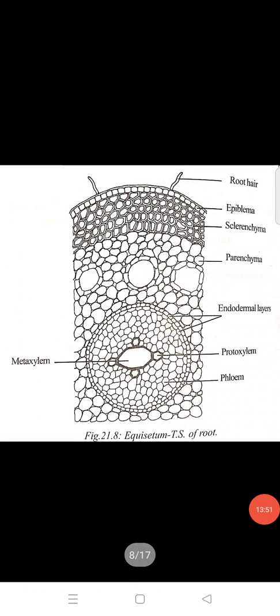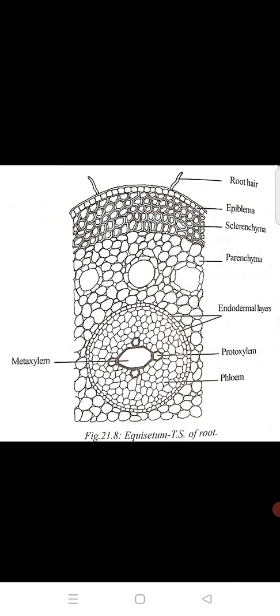So next, internal structure of root. A cross section of root shows an outer epiblema, a middle cortex and an inner stele. Epiblema is single layered. It produces root hair.